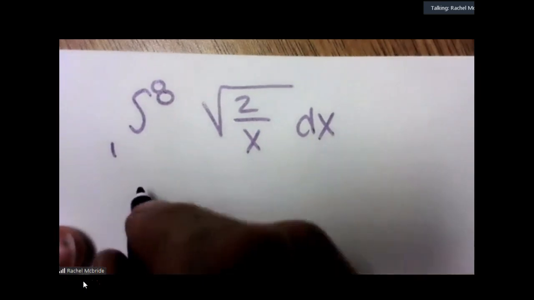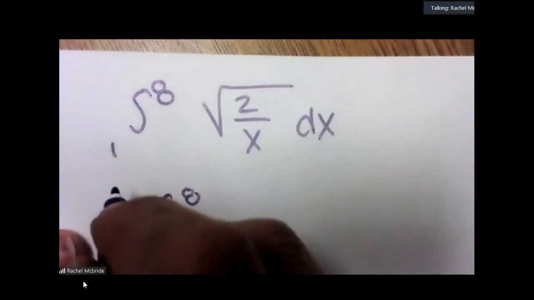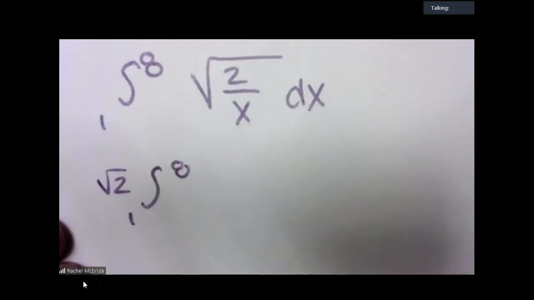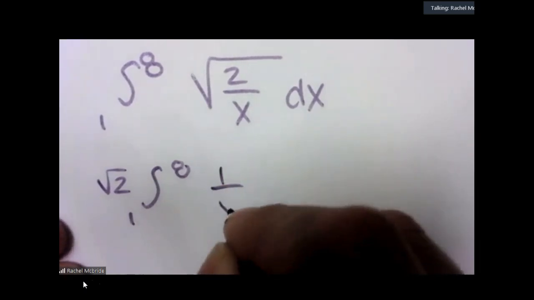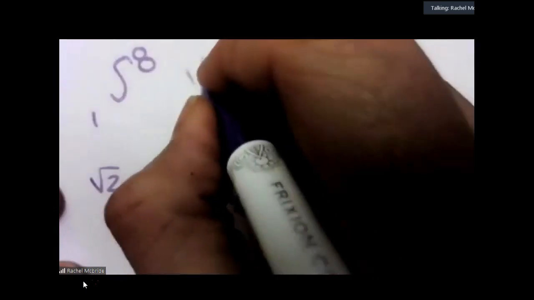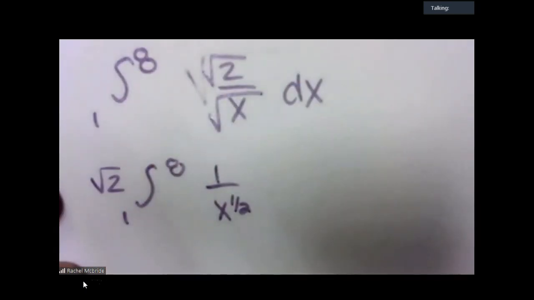The square root of 2 can come out in front because it's like a constant. Any square root you can take as one big square root and rewrite as two little square roots, so it's like the square root of 2 over the square root of x.